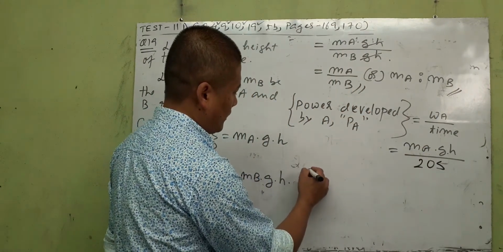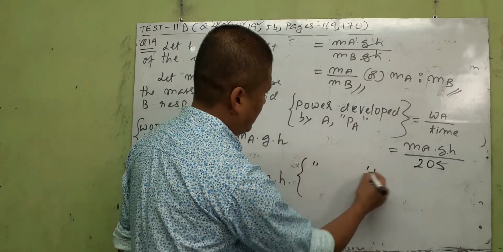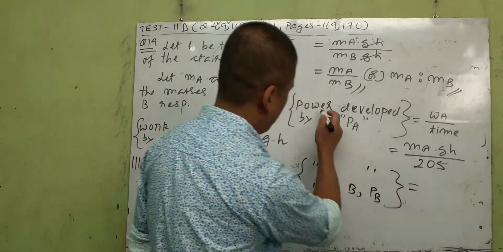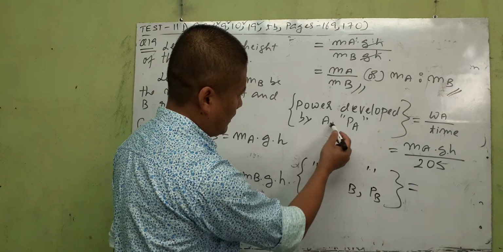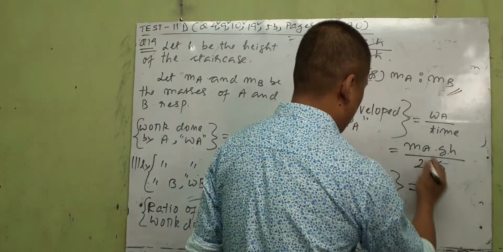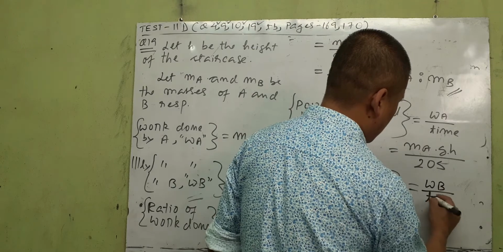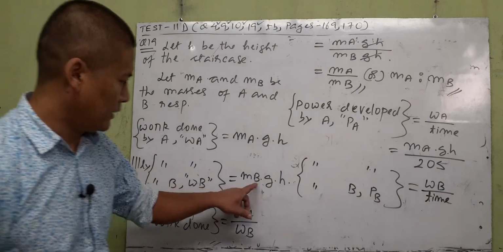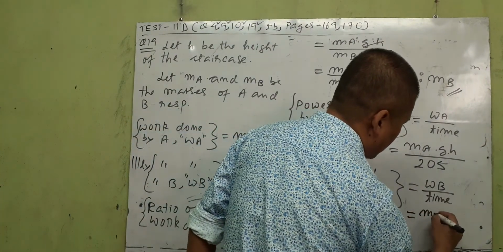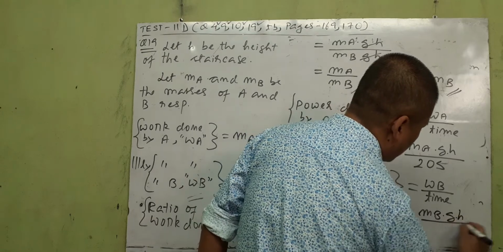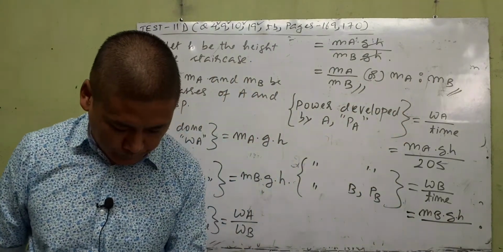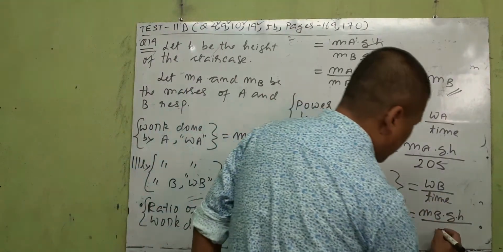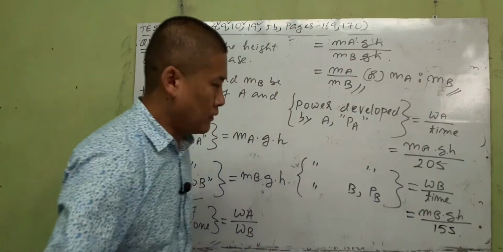And here power developed by B, PB, will be WB likewise by time taken by B. So WB is here, as you can see, MBGH divided by time taken by B. Go to the question. It takes 20 seconds for A to climb up, while B does the same in 15 seconds. So time taken by B is 15 seconds.